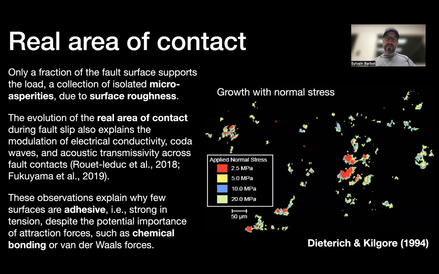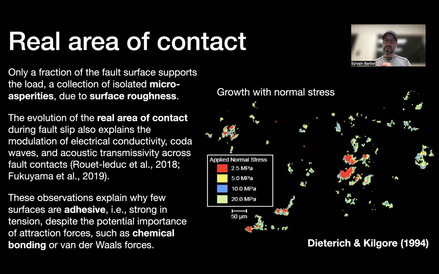The state variable seems to be most naturally capturing the evolution of so-called contact junctions, which are very small asperities that support the load at the microscopic level. This was highlighted by other famous experiments by Dieterich and Kilgore that imaged the distribution and size of these contact junctions in transparent materials: plastic, sure, but also calcite and quartz.